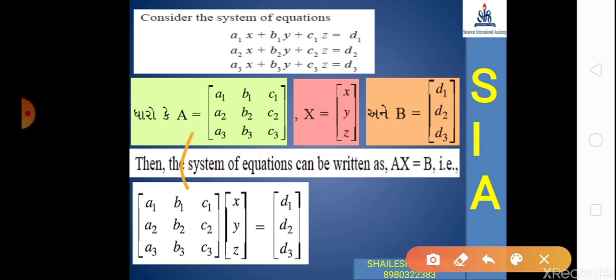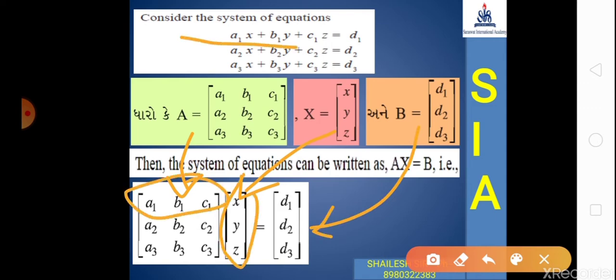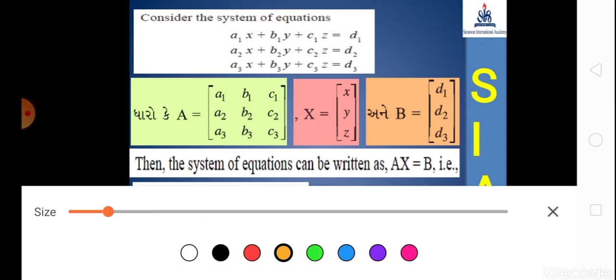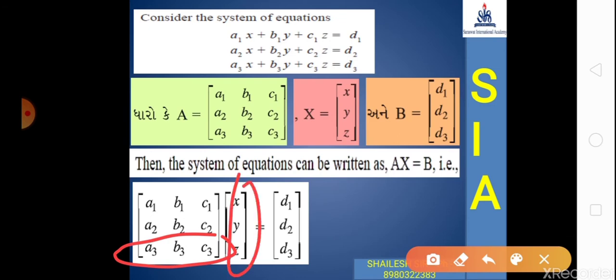If you multiply row-wise with the column entries, you get the first equation, the same for the second row, and the same for the third row with d3, you get your third equation.